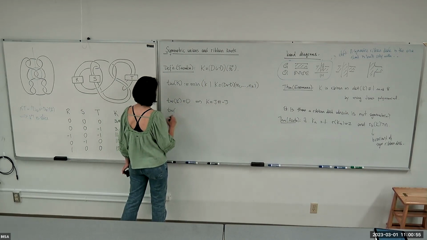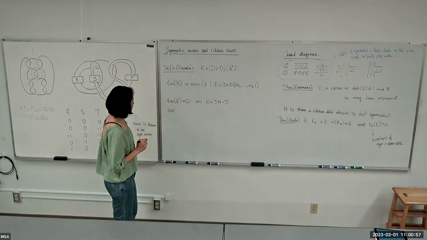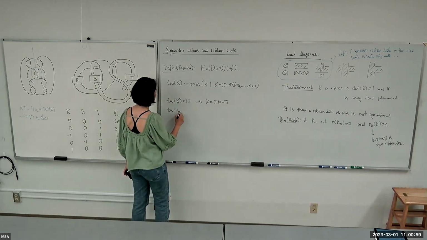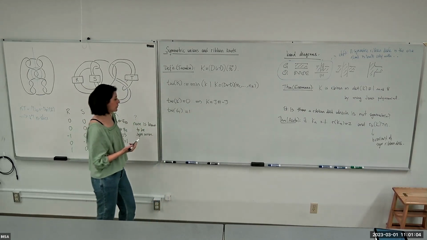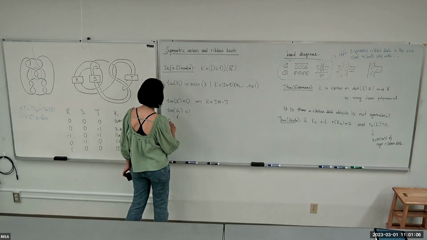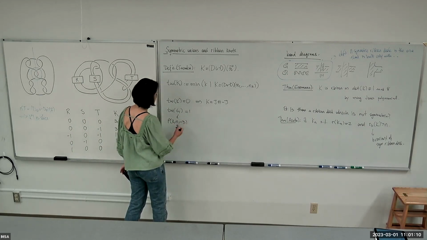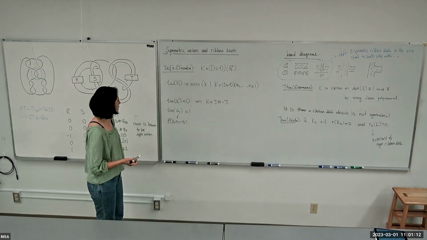An example with twisting number 1 is the Stevedore knot, or in fact we can take any Preston knots of this one.